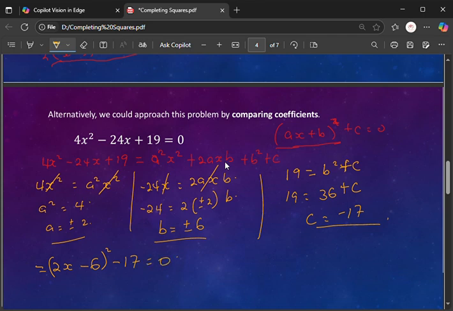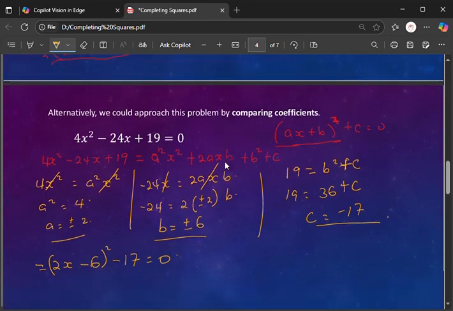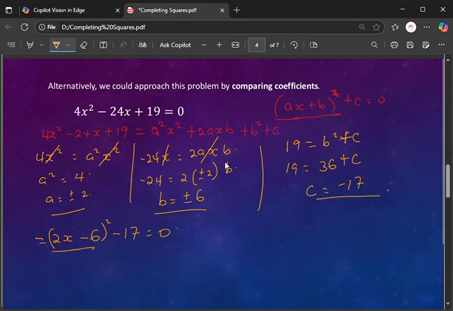And then here we can pick up the turning points like I explained in the first slide, because it's the same question. So you just take this, equate it to 0 to find the value of x. So x will be 3, and then y will be negative 17, and then the turning point will be 3, negative 17.